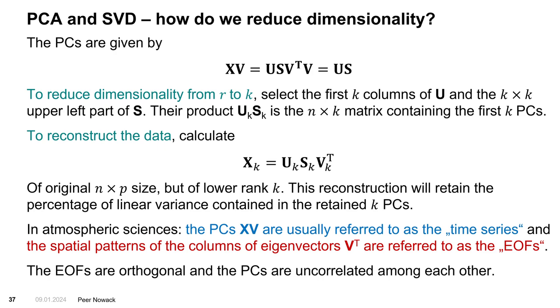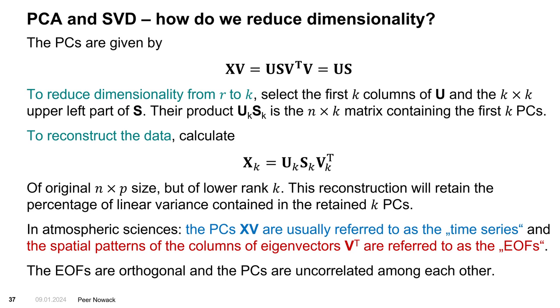But the very important thing, every time you talk about PCA, is that the PCs will be uncorrelated among each other, which for the time series specifically means at the same time step, same month, same day, the time series will be uncorrelated, which is quite a thing. But they don't necessarily have to be uncorrelated if you go further into the past. So if you use lag 1 of one principal component and compare this to the current time step for another principal component, there might be correlations again.